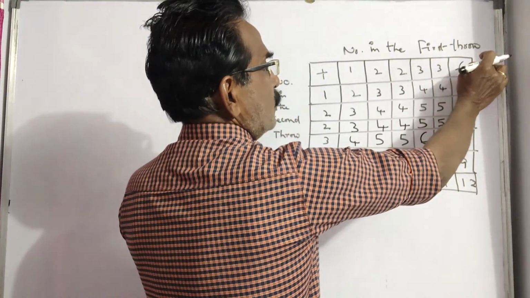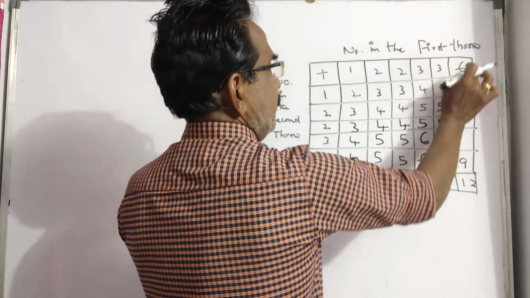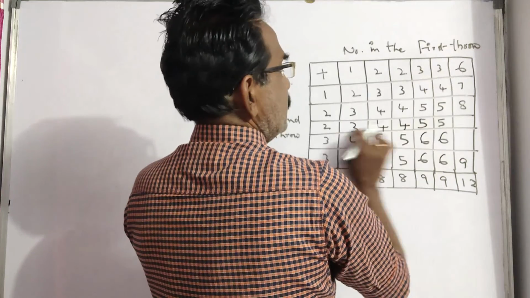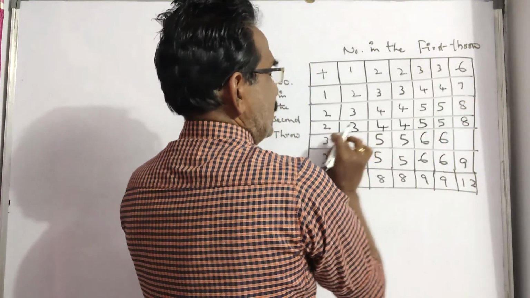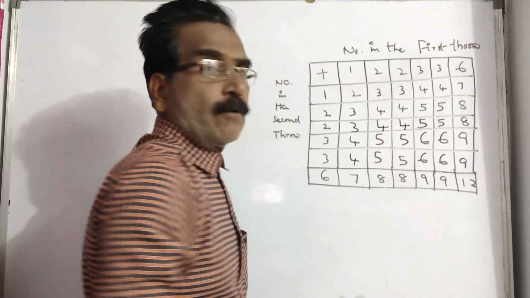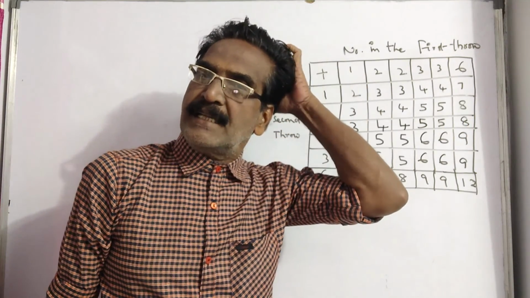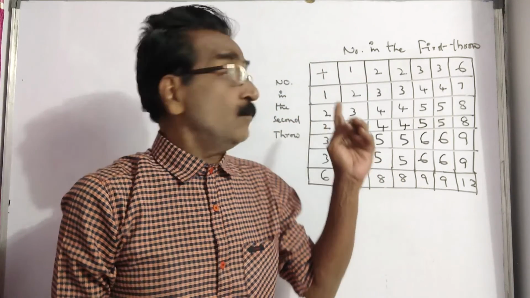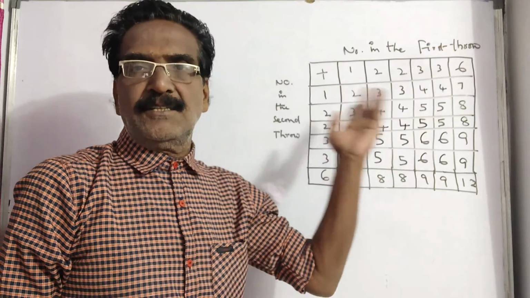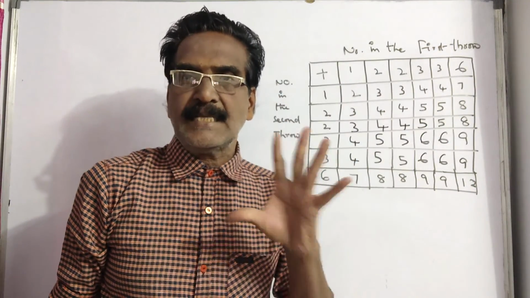Now coming to the last one, 6 plus 1, 7 is given. 6 plus 2, 8 is given. 6 plus 2, 8. 6 plus 3, 9. So we have completed the table. Here the total number of outcomes is equal to 6 into 6, as in a normal die we can have 36 outcomes.